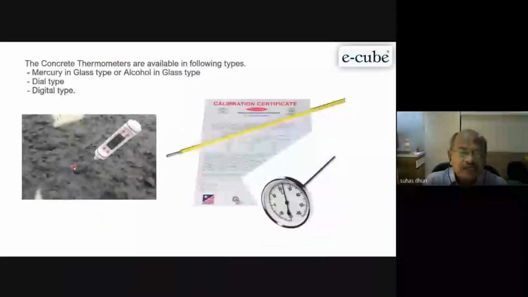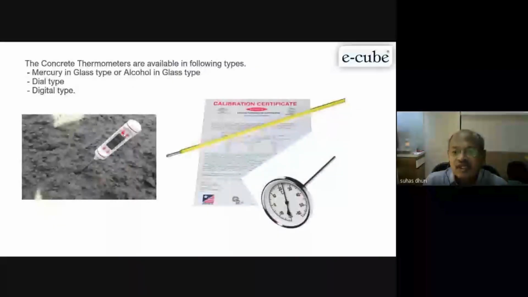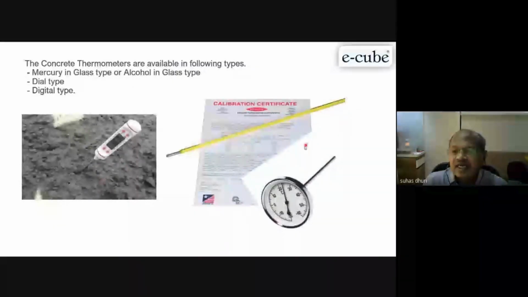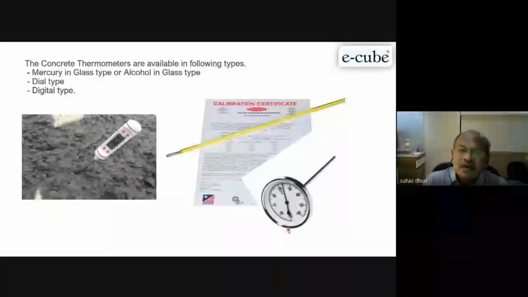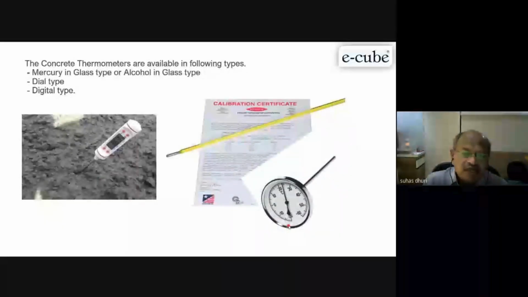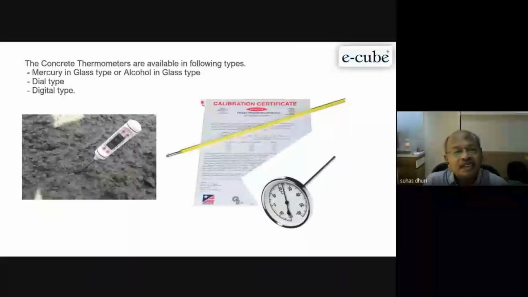Now for temperature, we have got a digital one. We have got an alcohol thermometer, or a dial gauge thermometer. All the thermometers, whatever you are using as per your convenience, you should carry the calibration certificate, which is very important. And this has to be periodically calibrated.